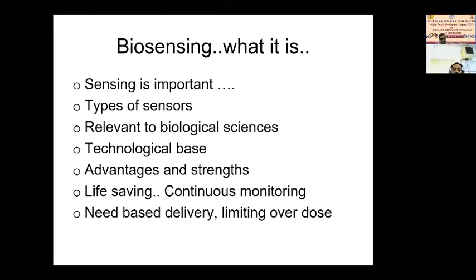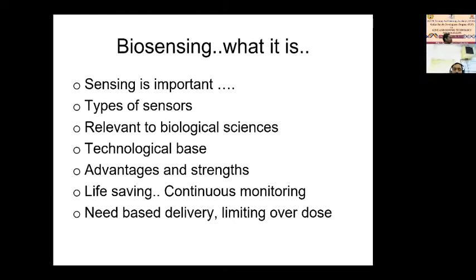So we are concerned with life-saving sensing systems which provide continuous monitoring of any biomolecules, enzymes, or any other substance. Something we can do by sitting remotely, or something we can sense by odor.